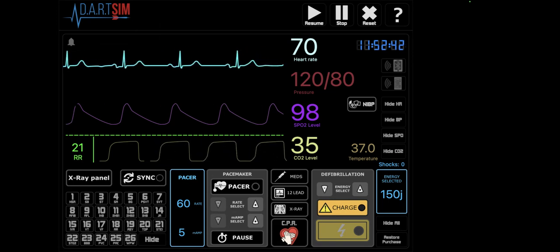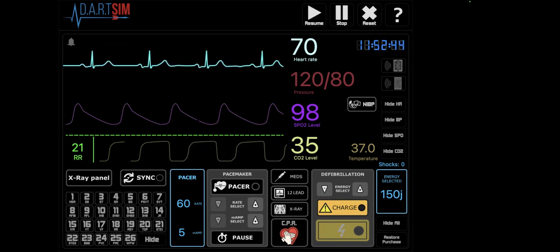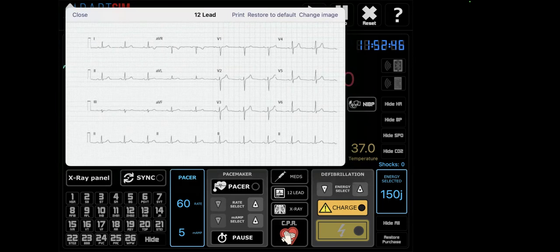If I wanted to do a 12-lead ECG, I could click here and I would see my ECG. For those of you that are not familiar with reading ECGs, this is basically 12 cameras centered around the heart at different angles, and it gives you 12 different pictures of this patient's cardiac image.